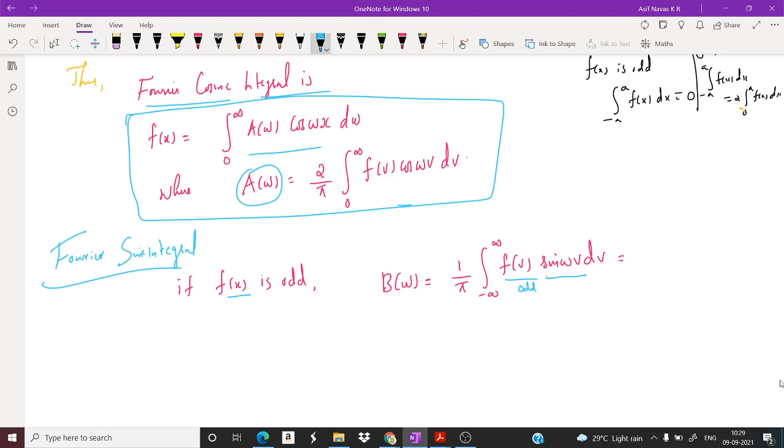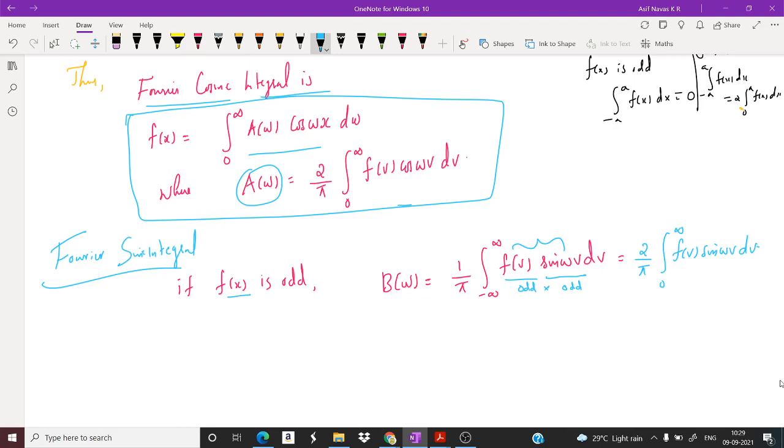Sin omega v, sin function is odd. What about their product? Odd into odd, is it odd or it is even? Anybody? Odd function into odd function, even. So this is even, therefore this becomes 2 by pi integral 0 to infinity f of v sin omega v dv.